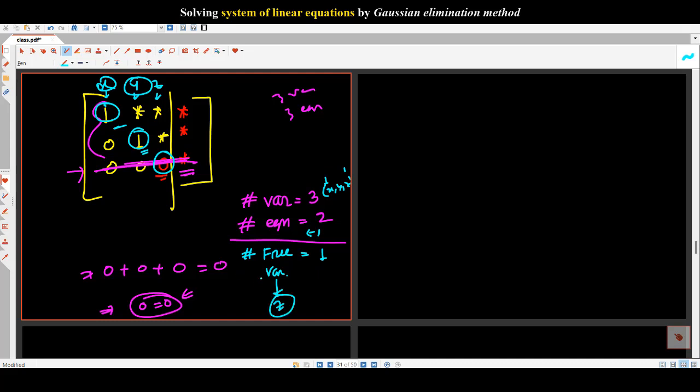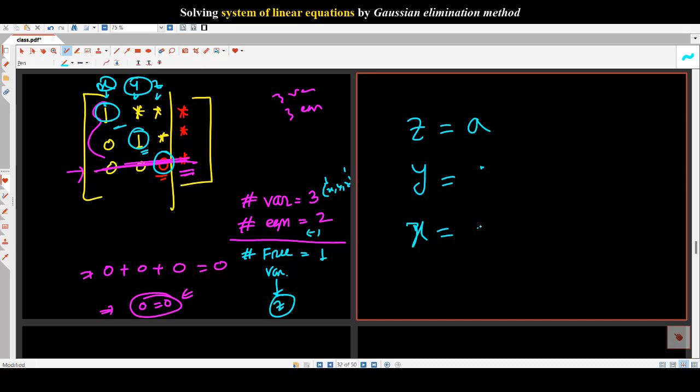A free variable allows us to take any parameter, any value. Let's say Z equals A. Automatically, if you put Z in the Y equation, you will get some function of A. You will also get X as a function of A. So you are getting many solutions, because A is any real number.